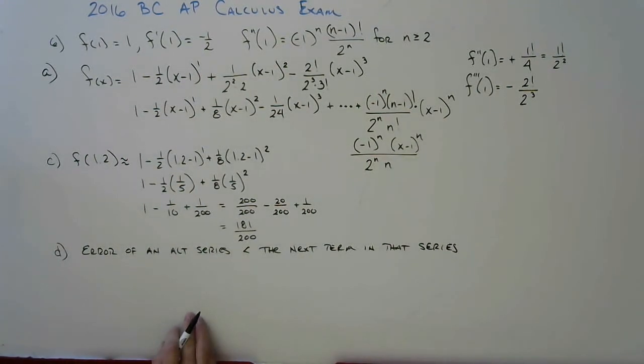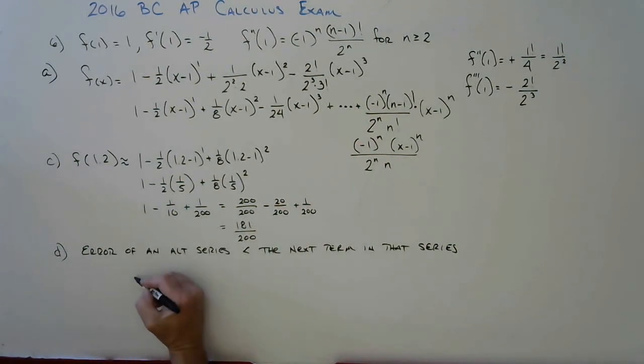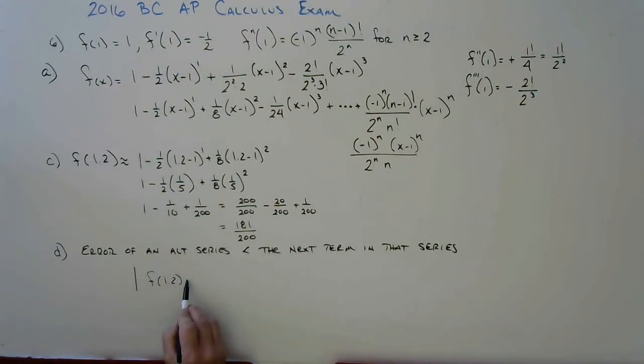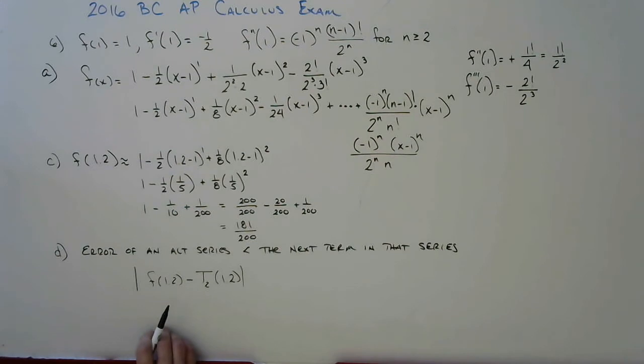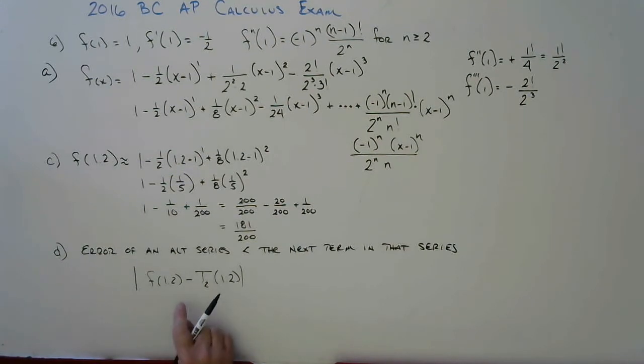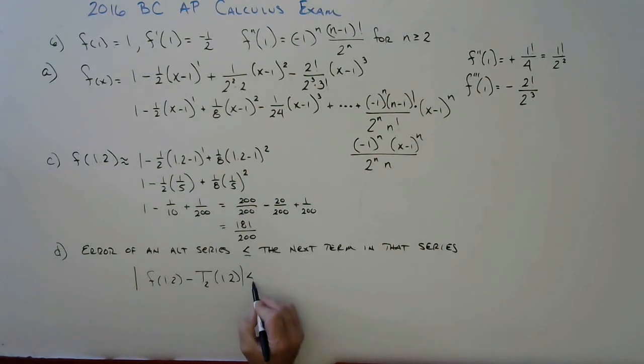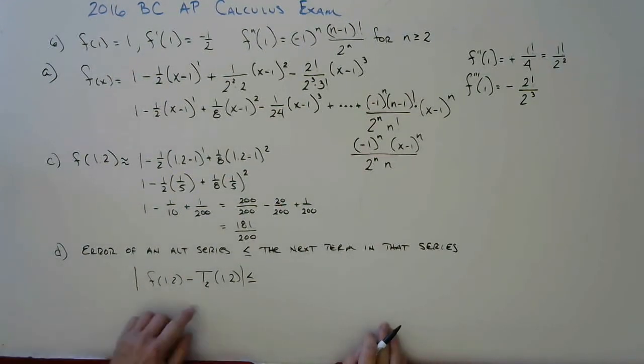So we know our error, which is the real value of f of 1.2 minus our Taylor polynomial approximation of 1.2, is less than or equal to, sorry, I forgot the equal to, the very next term. So what's the next term?